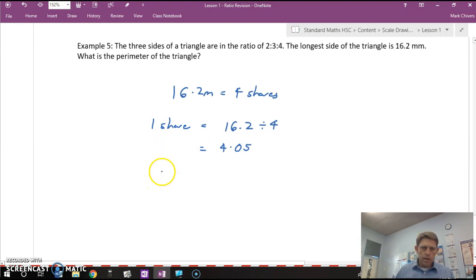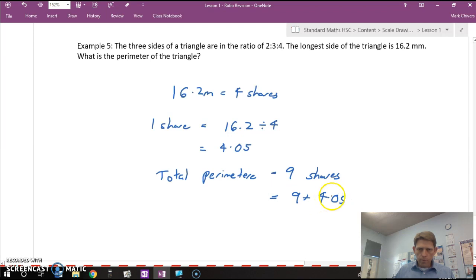But I'm going to say, well, total perimeter equals 9 shares, which is therefore 9 times by 4.05.